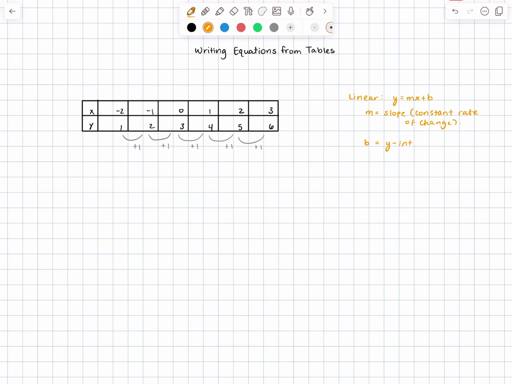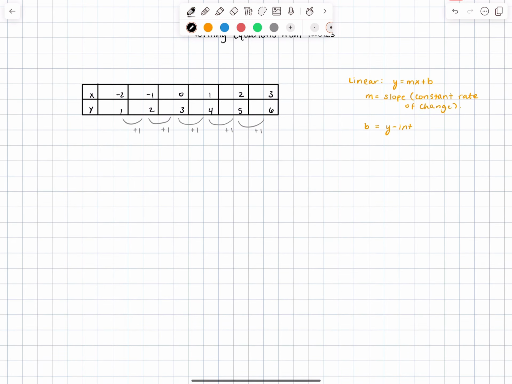Okay, so when I write my function for this, I'm going to say y equals, and then my m, which is my constant rate of change, that's going to be this +1. So 1 times x plus, and then my b value is my y-intercept, so 0, b, sorry.